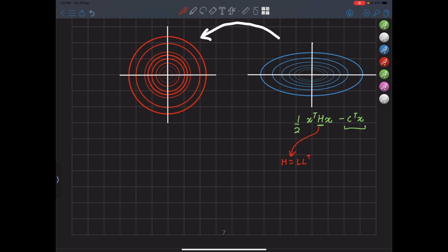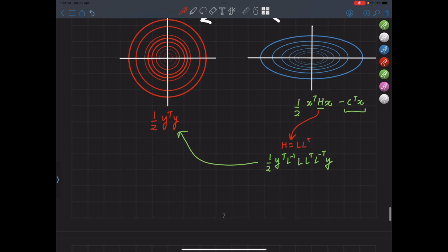Which means if we transform x appropriately, we can write it as y transpose L inverse L L transpose L inverse transpose y, and this can be converted into half y transpose y. Here the H is the identity matrix and hence its condition number is 1. We have circular contours and we'll get convergence in one step. So this is the idea.